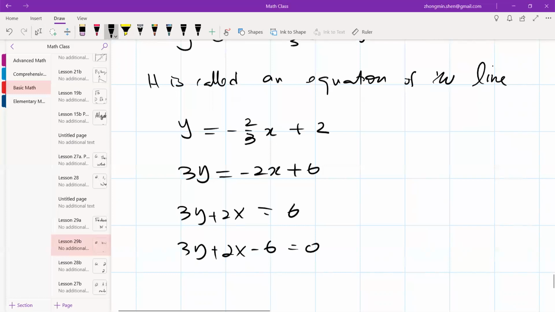But the key point is, if you write in this form, what does that mean? This is always the slope. But how about the geometric meaning of this number?